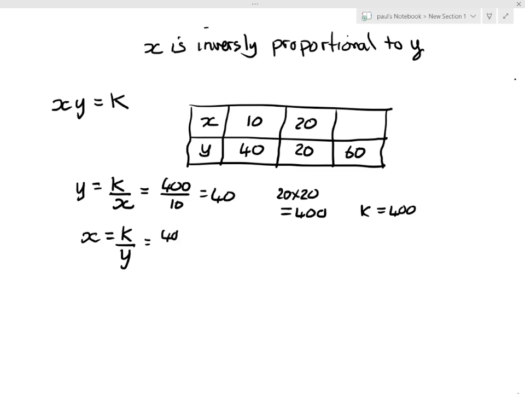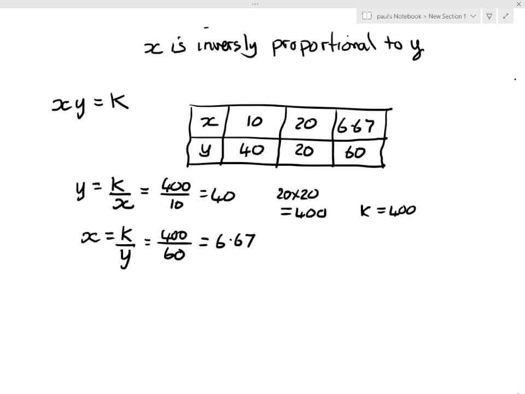So again, 400 divided by y, which is 60, and that equals 6.67. It's 6 recurring, but that would do. So you can go 6.67.